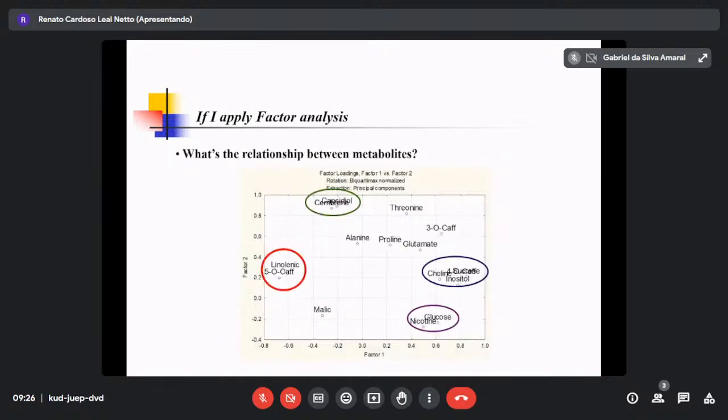So what's the relationship between metabolites? When you do a loading plot, if two compounds have the same effect, let's translate this to another application. You tested your plants, these are some metabolites, metabolomic alchemist.